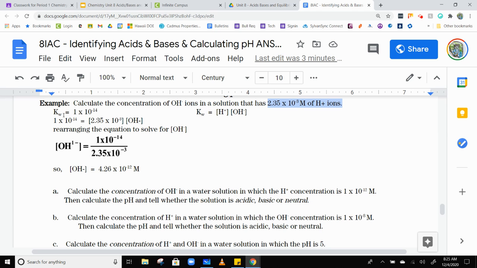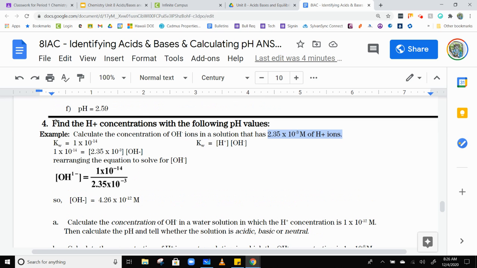So you're going to use that Kw, 1 times 10 to the negative 14 is equal to H plus times OH minus. H plus was 2.3 times 10 to the negative third. Then you rearrange the equation to solve for OH minus, and you get OH minus equals that.